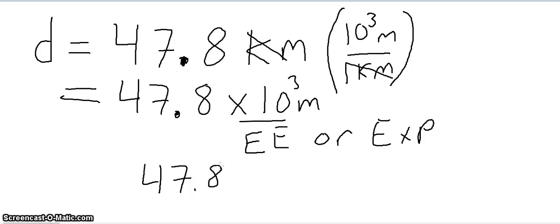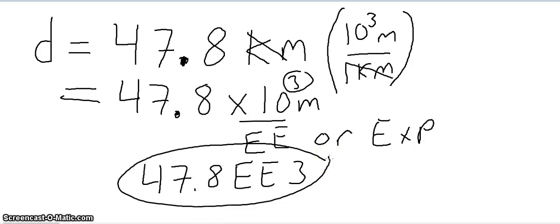So I'm just going to put the EE button and then 3, because that's the thing that's important right there. So the 3 goes here. This is how you would enter that in your calculator. Okay, we're going to move on to the next example.